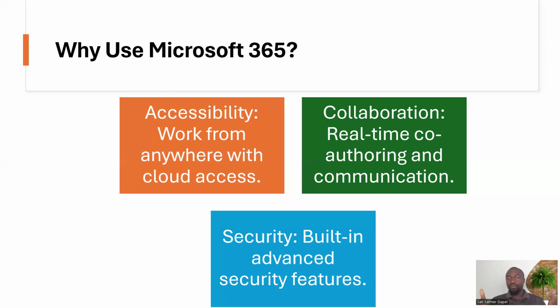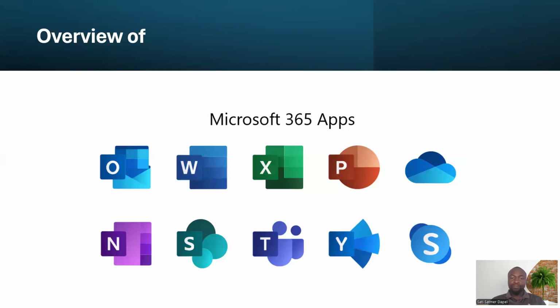This can also help you do that. So you can have a team or within a department and you're working on a particular list. You can be doing that real time wherever you are in the world. It also has built-in security, all right, advanced security features, and that is it.